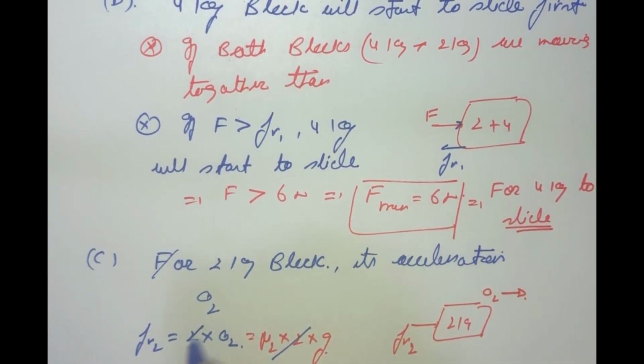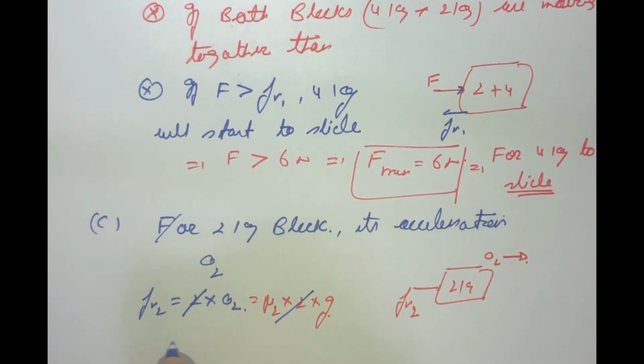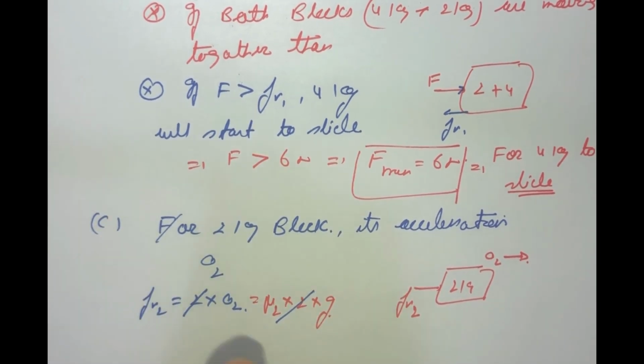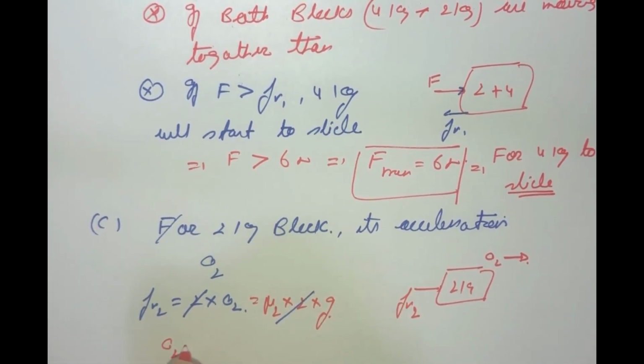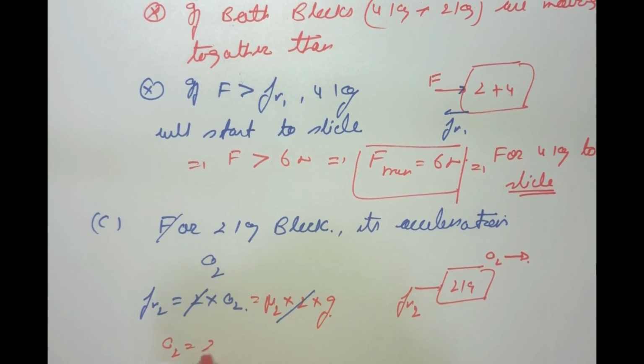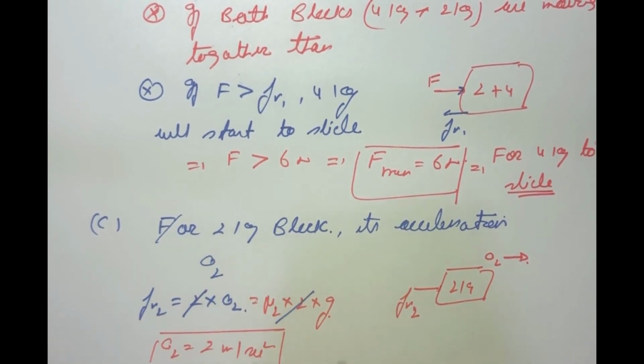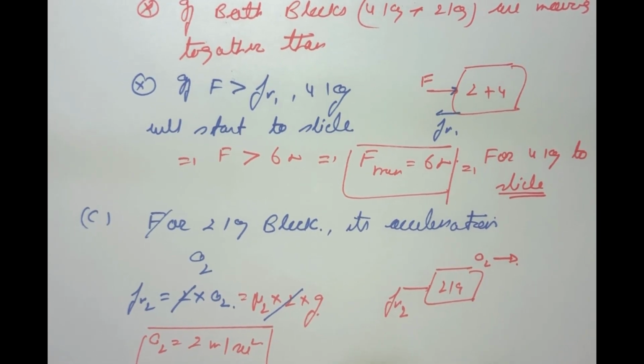So 2 cancels out with 2. So from here we can say that A2 will be equal to 2 meter per second square. So this is the acceleration for the 2 kg block.